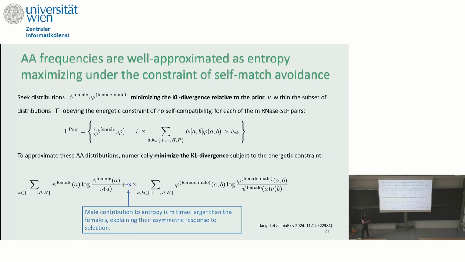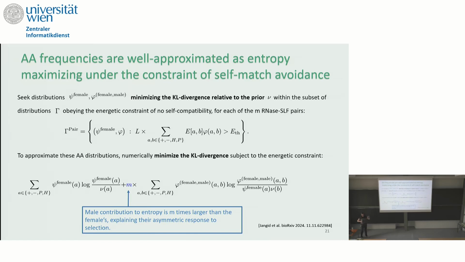Okay, so the energetic constraint of no self-compatibility can be translated to some energetic condition. So that means that this is the interaction energy between sequences that are drawn from the distribution that we are looking for. And the condition is that the total interaction energy is above the threshold that we imposed here. And we are looking for distributions.